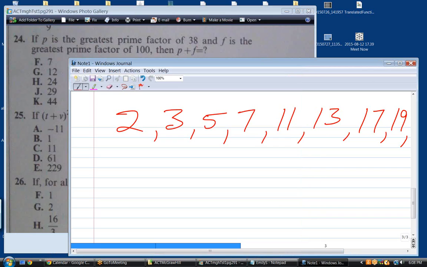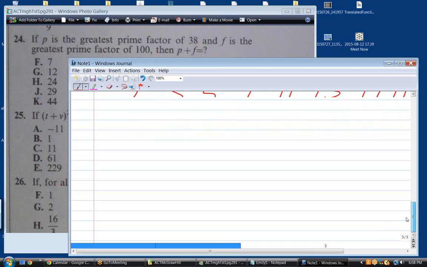So let's talk about problem 24. Do you know how to find the greatest prime factor of a number? It's a factor of a number that's prime, but it's the largest prime that they're counting. The largest one. But what I mean is, if I told you break that down into its prime factors, what would the first step be?